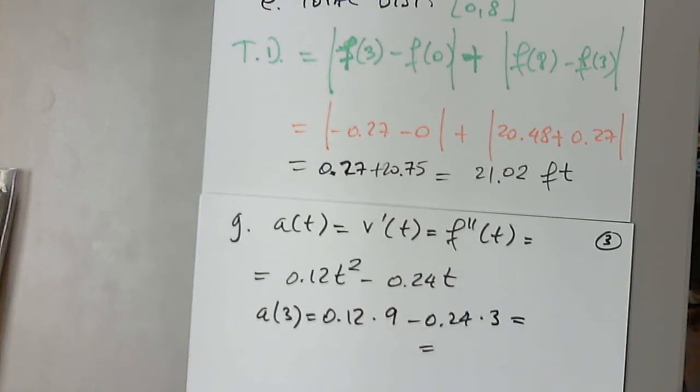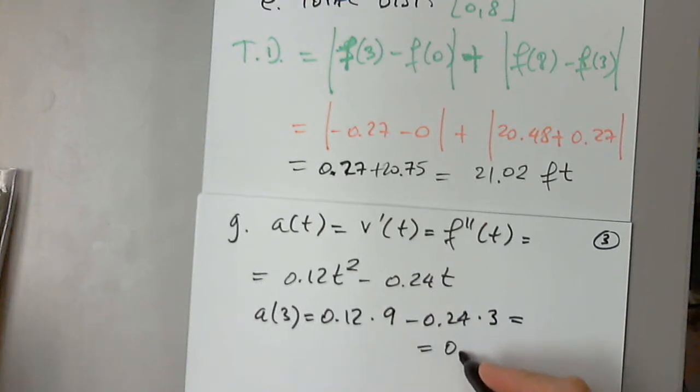So if you have this number, if not, I'll calculate it. 0.12 times 9 minus 0.24 times 3. I got 0.36. Measurement unit. Please correct me if I'm wrong. Every rate of change has 2 measurement units, one coming from the top and one coming from the denominator. This is the rate of change of velocity with respect to time.